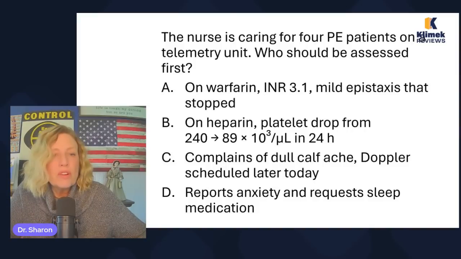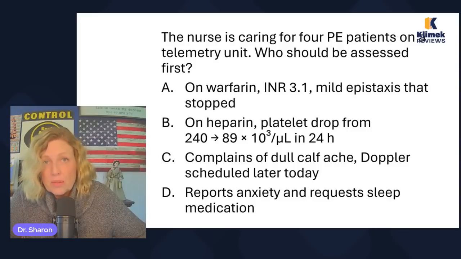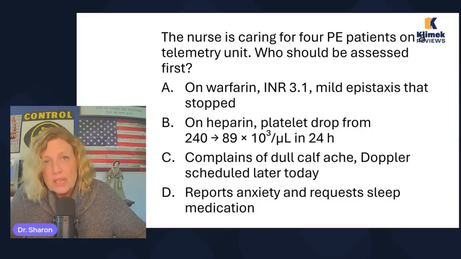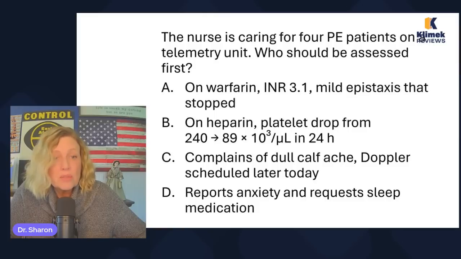Someone who's on warfarin has an INR of 3.1. That's therapeutic. I mean, you can go up to 3.5 and be therapeutic. And it's just mild bleeding, which isn't that surprising when you're on warfarin at a therapeutic range. Heparin sudden drop, that's called heparin-induced thrombocytopenia. We usually have to stop all heparin products when that happens. So that's a concern. Complains of dull calf ache, Doppler scheduled later today.